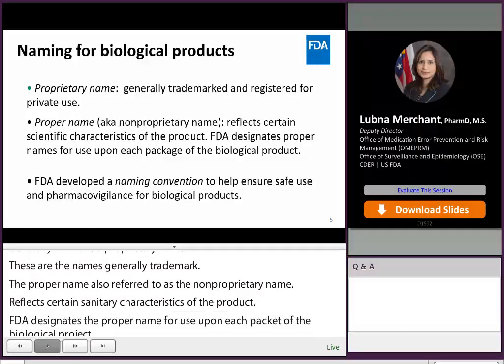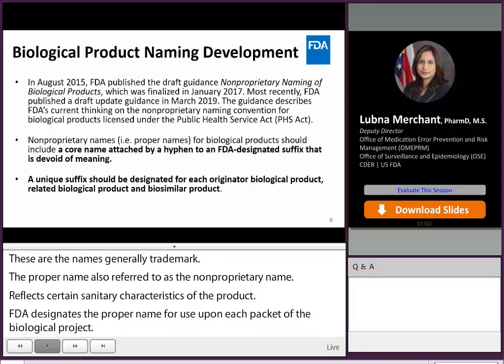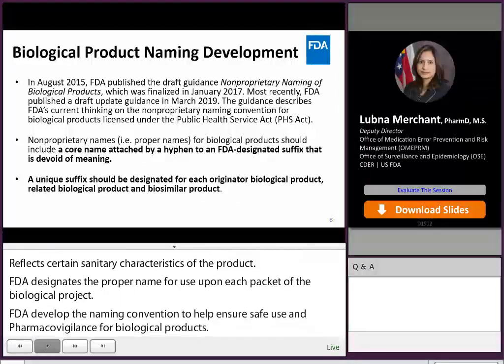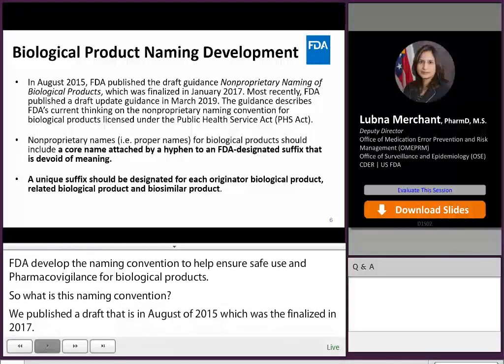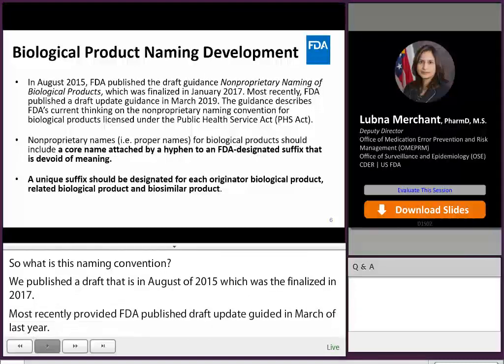So what is this naming convention? We published a draft guidance in August of 2015, which was then finalized in 2017, and most recently FDA published a draft update guidance in March of last year. The guidance describes FDA's current thinking on the non-proprietary naming convention for biological products.